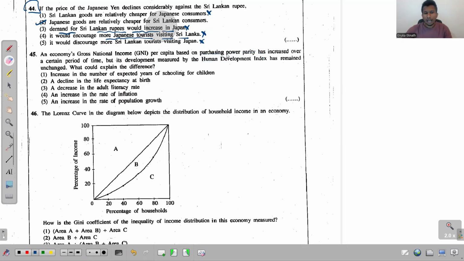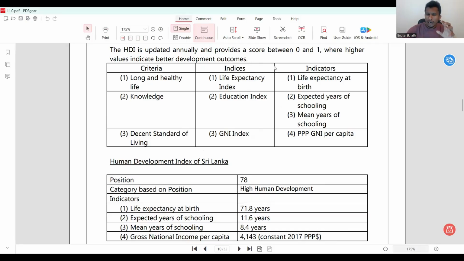This is how it is calculated. These are the criteria that they check when calculating the Human Development Index. They calculate it based on three main criteria: health, knowledge, and a decent standard of living. So how do we evaluate each? Health is evaluated based on life expectancy at birth. Knowledge is evaluated based on expected years of schooling and mean years of schooling.